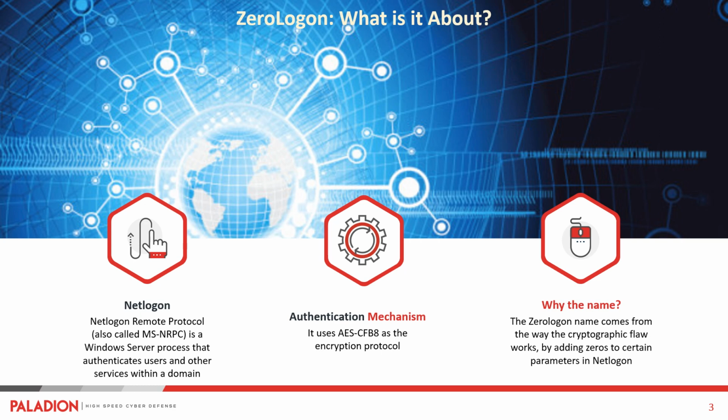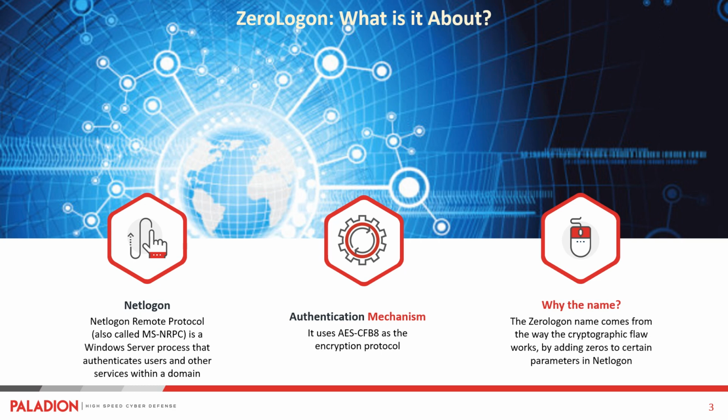In the encryption cipher that has been utilized here, there happens to be a variable called the initialization vector, which is set to 0 or null all the time, surprisingly. It should have been a random number, which is why it is called the ZeroLogon vulnerability.